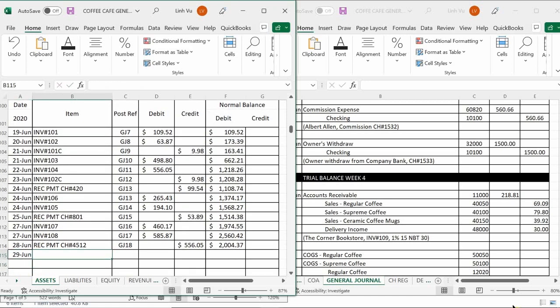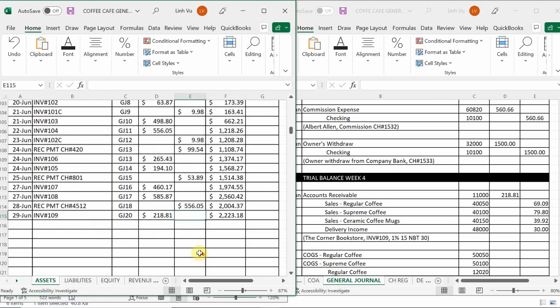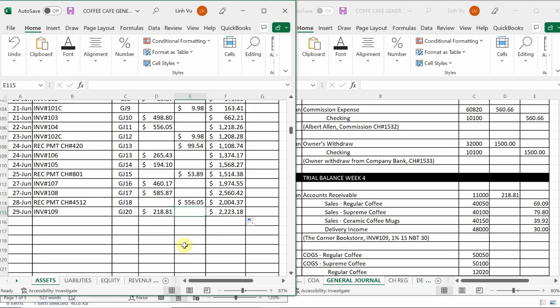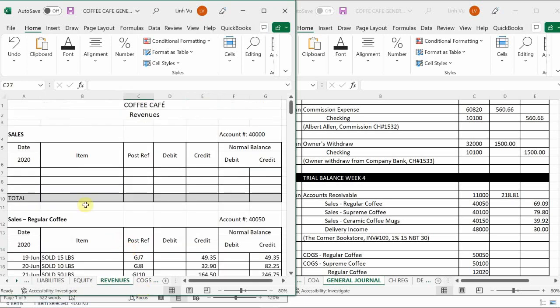The 29th, invoice number 109, journal number 20 for $218.81, and that will give me a grand total of $2,223.18.